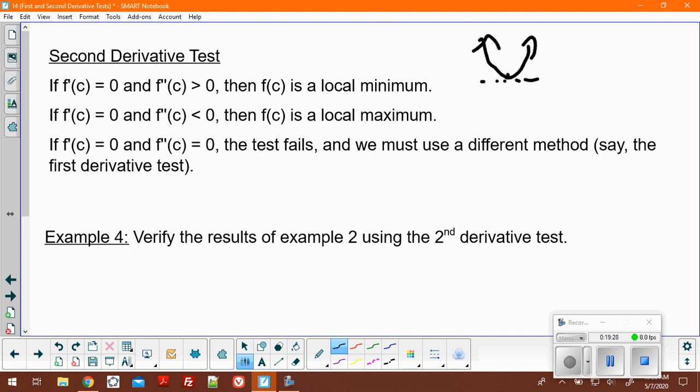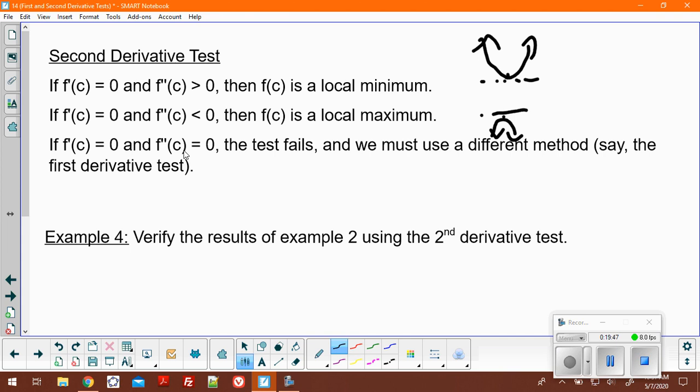It looks like this, so therefore this has to be a minimum. Similarly, if f prime of c is equal to 0 and f double prime is less than 0, then it has to be a maximum. Maybe something like this, but it's concave down, so it's a max.